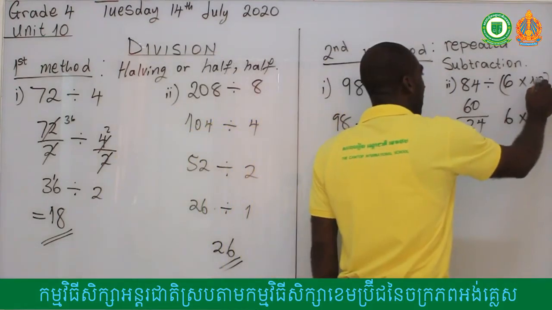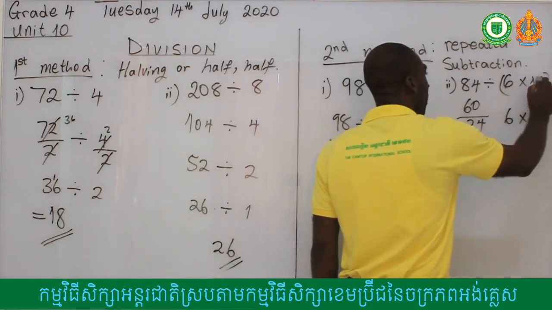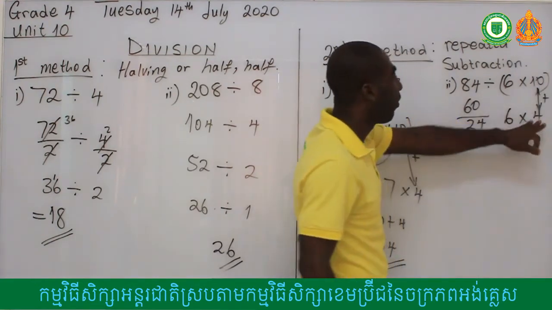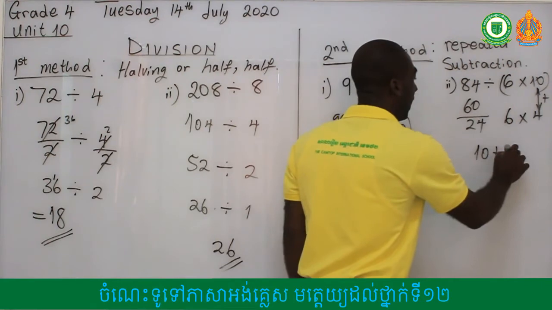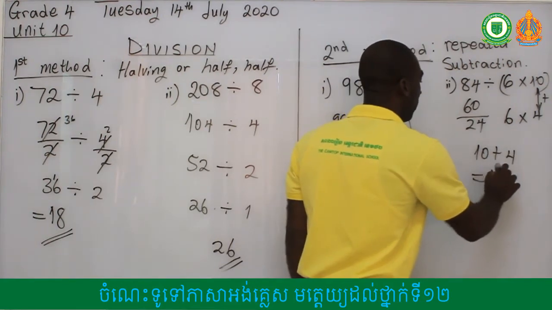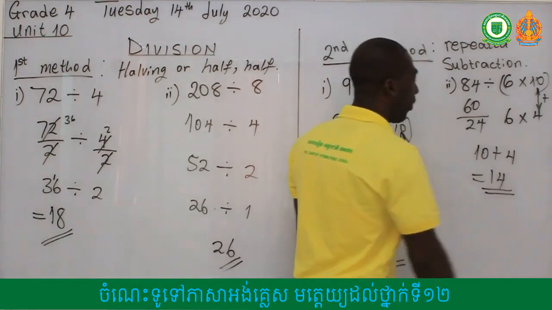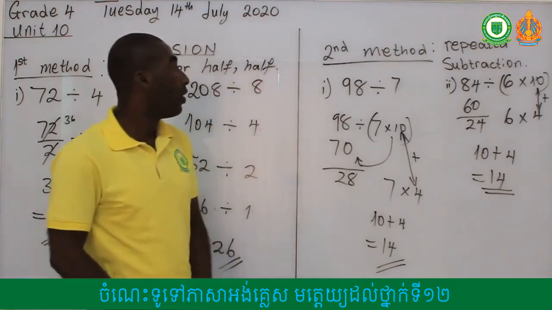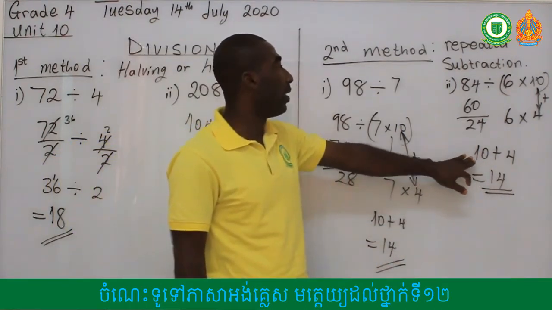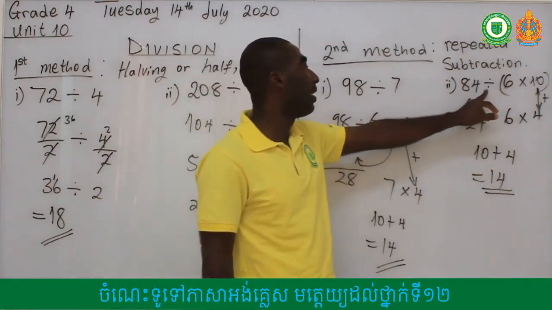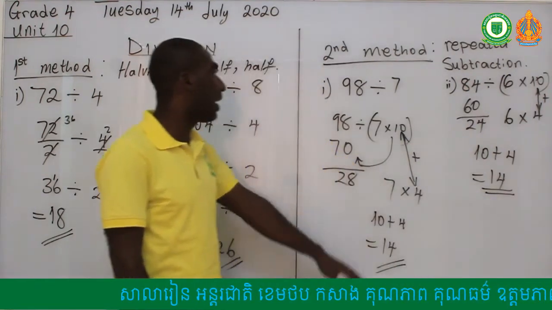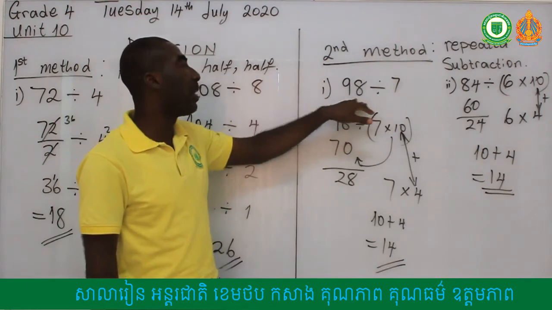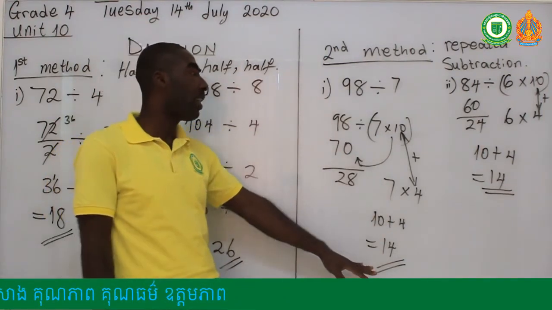So now the link is that we have to do addition between 4 and 10. So we come 10 plus 4, which is equal to 14. Okay, so when you divide 84 by 6, you have 14, just as you divide 98 by 7, you also have 14.